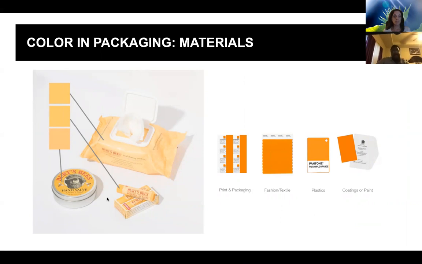For example, printing on plastic, hard plastic versus soft plastic versus fabric versus cardboard, and other materials will all render a slightly different color. That's part of what the Pantone Matching System is about: they try to match these colors so that no matter what material you're printing on, it looks as cohesive as possible.